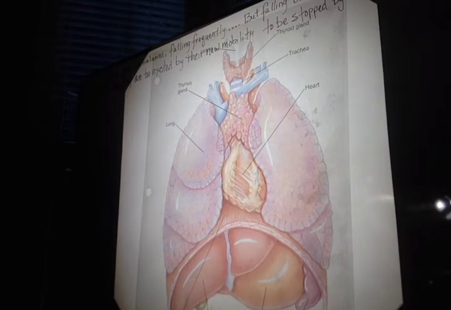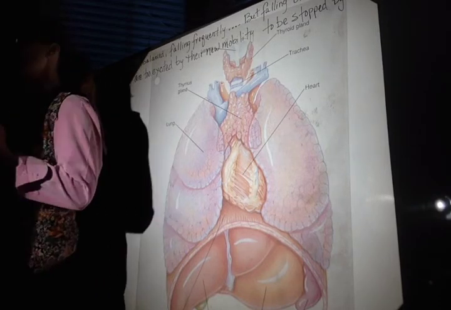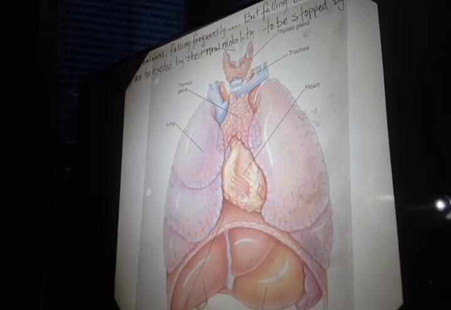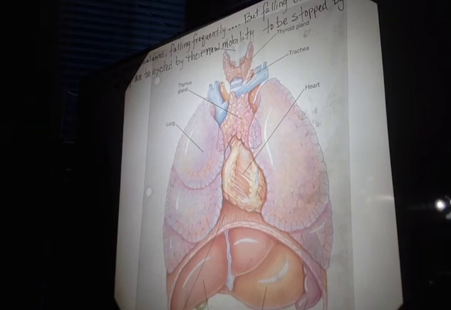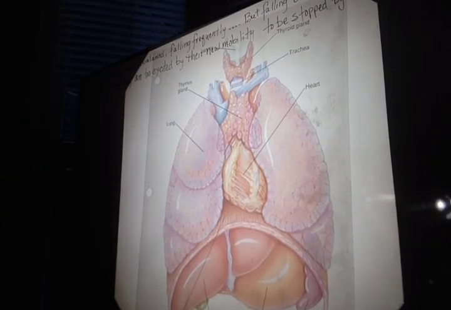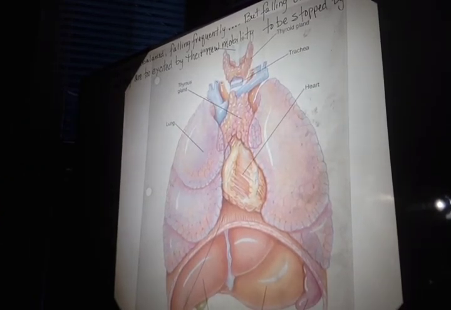We know that the thymus gland is located underneath the sternum in babies and children. We know that the thymus gland produces a hormone called thymosin, and we know that that hormone has something to do with development.